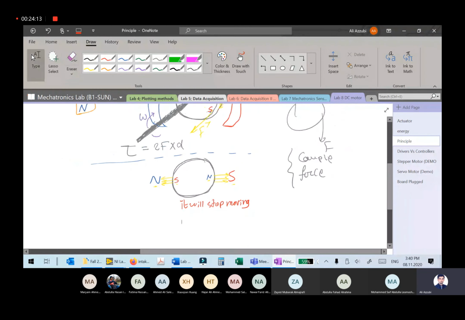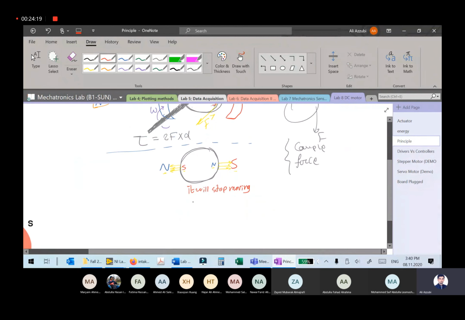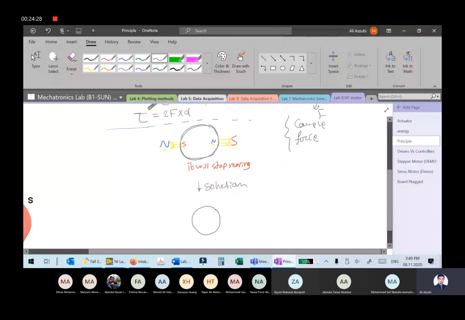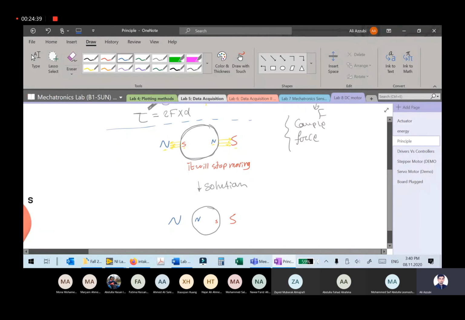Okay, now to overcome this problem, all you have to do is to reverse these. Okay, the solution is actually to flip these. This is my south, this is my north, to make this as south and this as north. Okay, now from the previous motion, you just imagine that this is rotating.